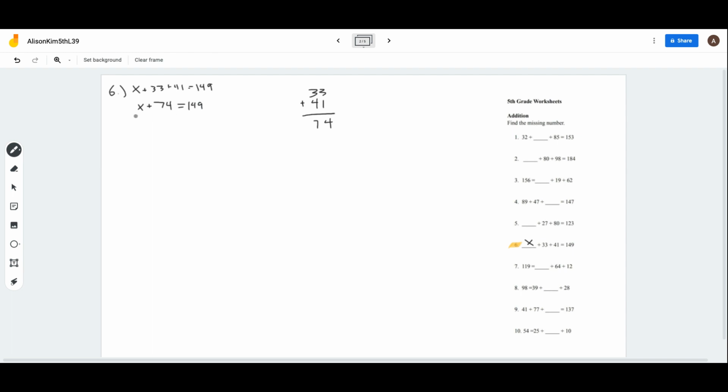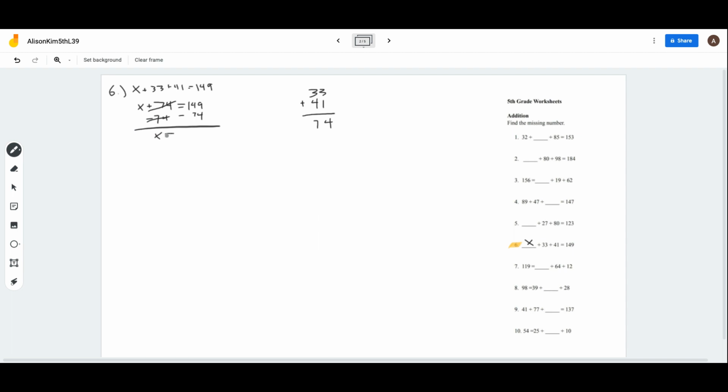Now we want the x alone, so we're going to have to get rid of the plus 74, and the only way to do that is by subtracting 74 from both sides. So right here, the 74 cancels out, and we're just left with x.